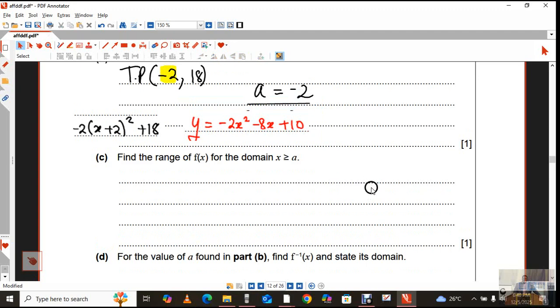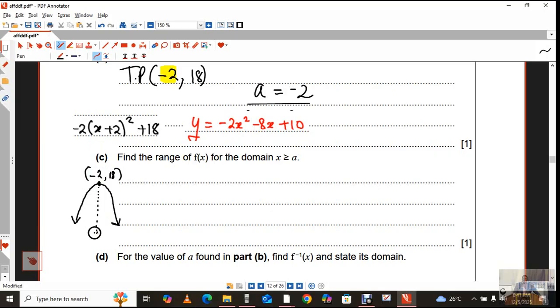If I was to sketch this function, because the value of a is negative, this function will go all the way like this. This will be the turning point. The x value of the turning point is x equals to -2. The y value is 18.